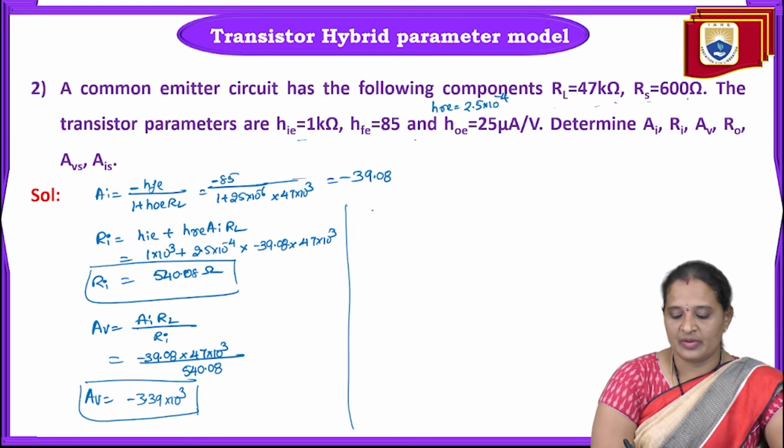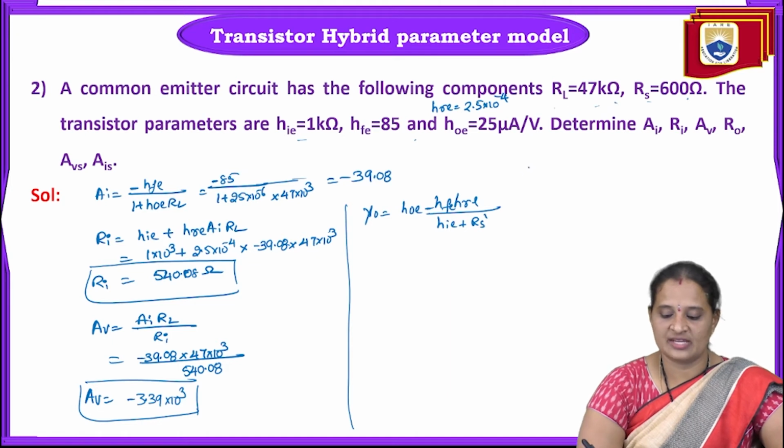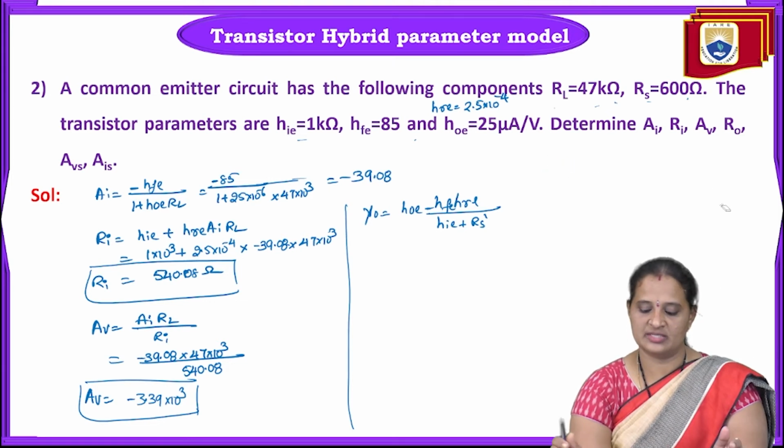Okay. Then Yo. So Yo is given by hoe minus hfe into hre divided by hie plus Rs dash. What is Rs dash here? So Rs dash is nothing but Rs in parallel with Ri.